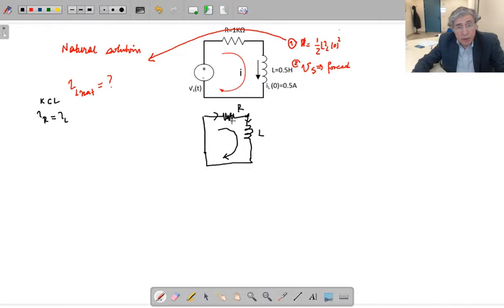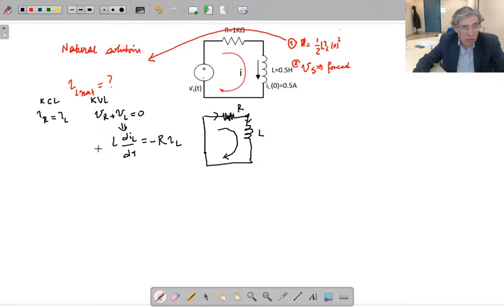And if you write the Kirchhoff voltage law equation for this loop, then it's going to be VR plus VL equal to 0. If I use the definition relation for this one, L dIL over dt is equal to minus R times IR, the definition relation of the resistor. I know IR equals IL, so it's going to be IL.